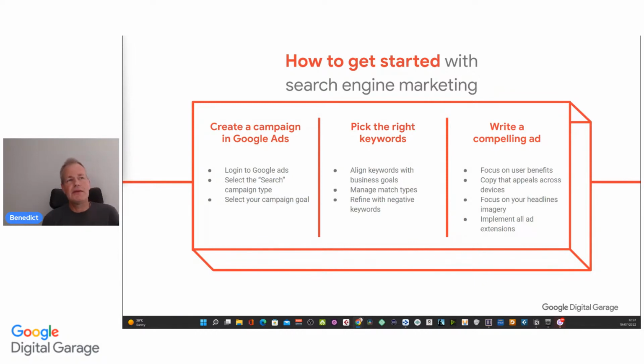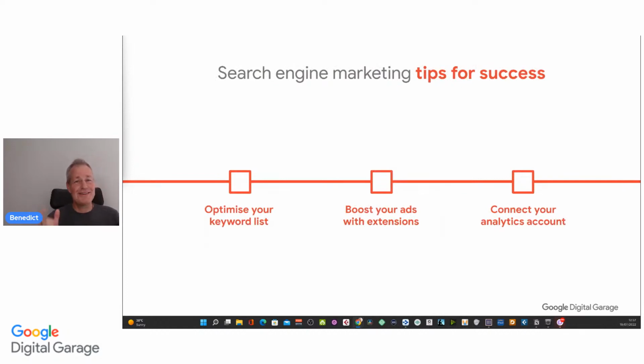Then write a compelling ad, focus on user benefits, copy that appeals across devices, and focus on your headlines, imagery, and that kind of side. Implement all ad extensions, very, very important. Tips for success: optimize your keyword lists, very, very important, and also boost your ads with extensions. Please don't forget that.